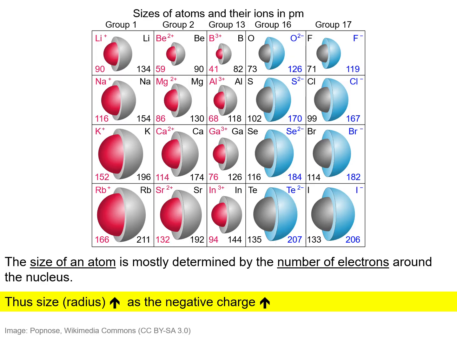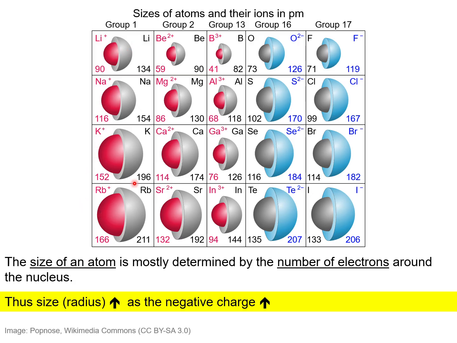In this picture, the neutral atoms are shown in gray, and then the ions that they form are shown in red if it's a cation, which loses electrons, or in blue if it's an anion. You can see that for the metals that form cations, the ion is smaller.